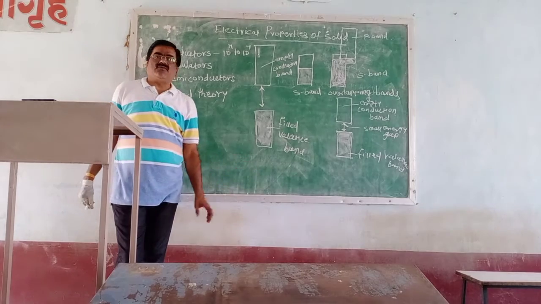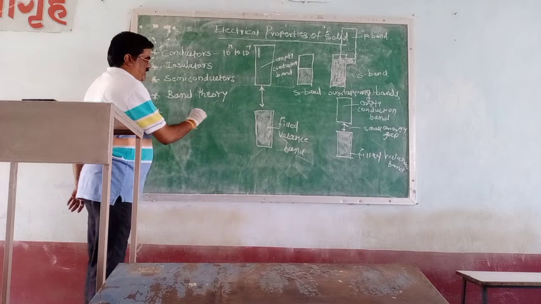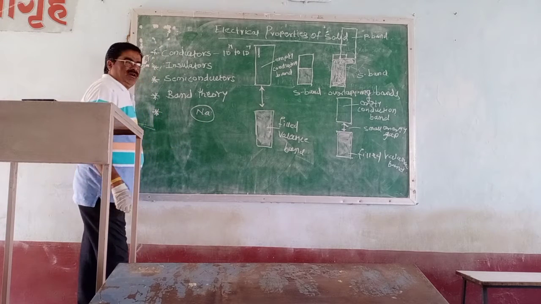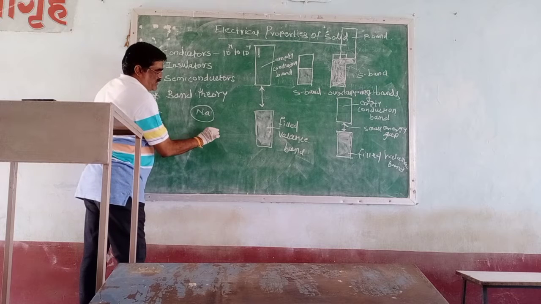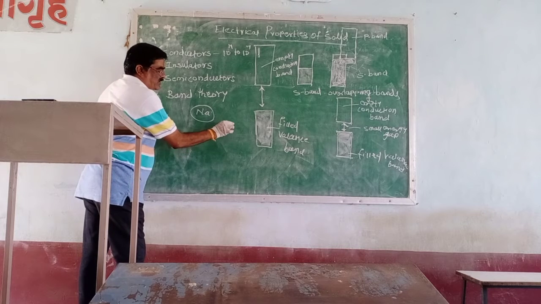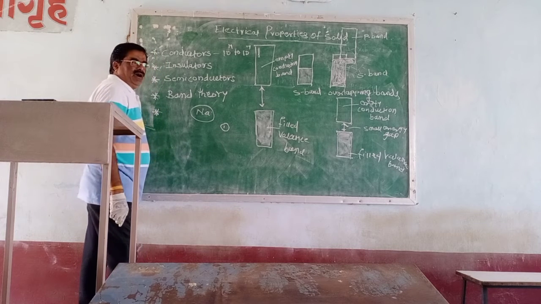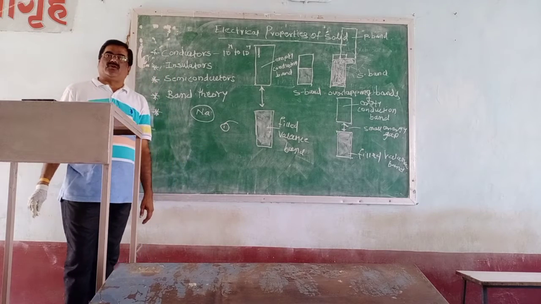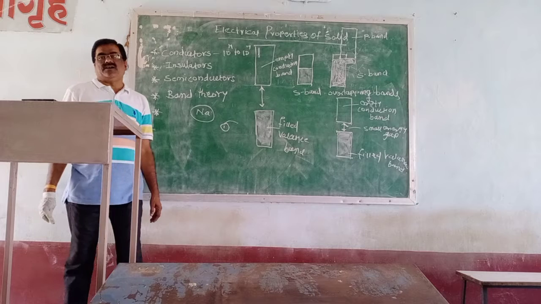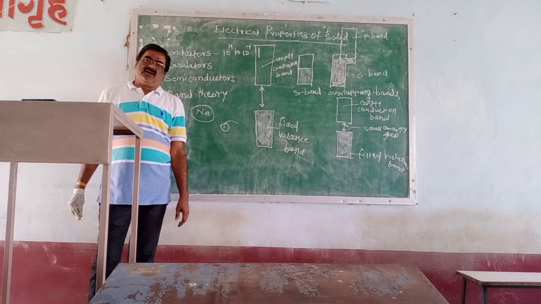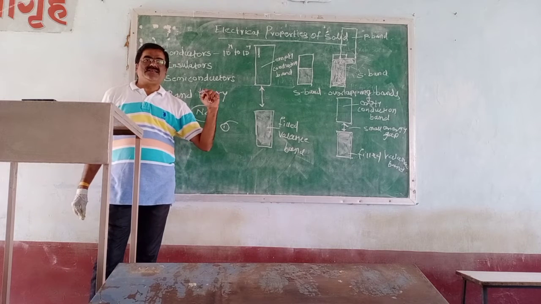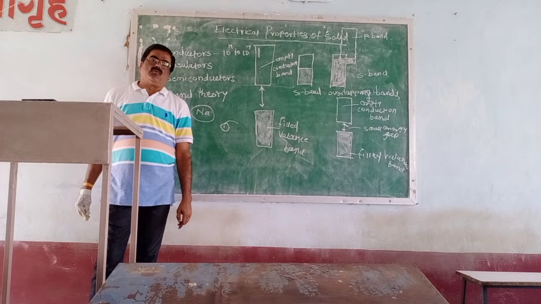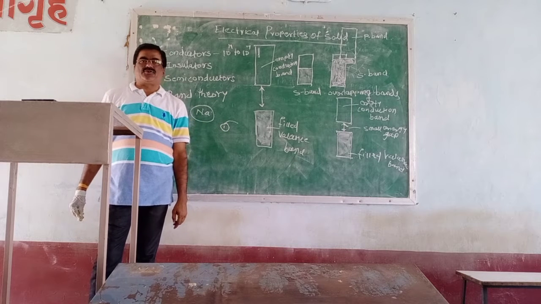For example, sodium metal has only one electron in its outermost orbit, and by losing one electron, an ion forms. These are called free ions or mobile electrons.